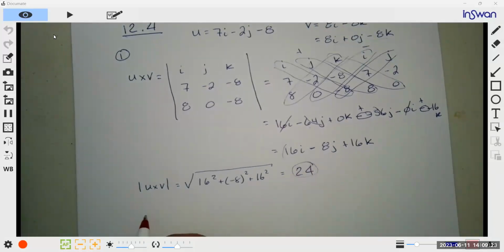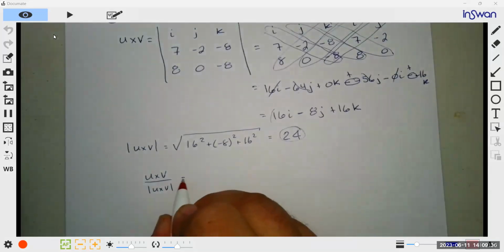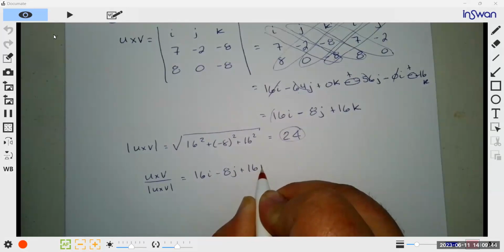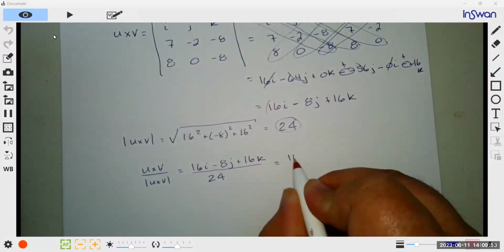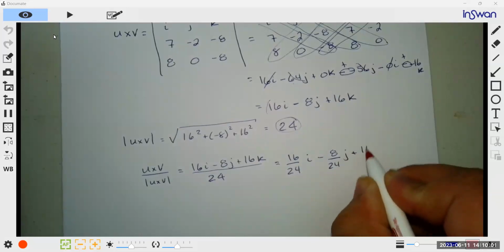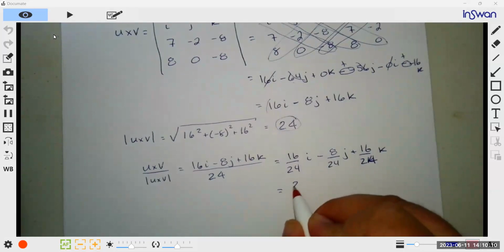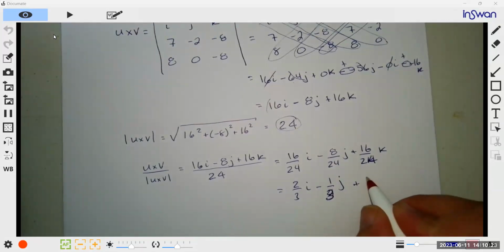Since we know the magnitude, all we have to do is take 16i minus 8j plus 16k over 24. 16 over 24 i, 8 over 24 j, eight goes into 16 twice, so it's 2 over 3 i, 1/3 j, and 2/3 k.